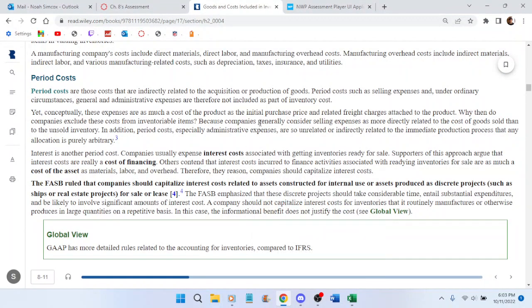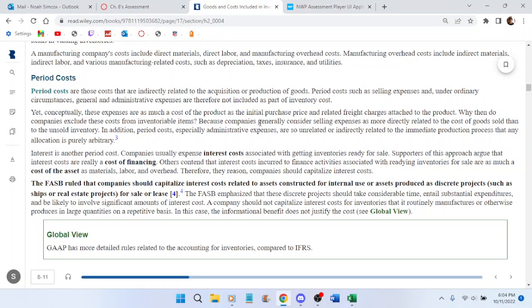What does that even mean? What do they mean that you capitalize interest costs? It says, do not capitalize interest costs for inventories. What does it mean to even capitalize? Oh, I sound like an idiot. So do not capitalize interest costs for inventories.